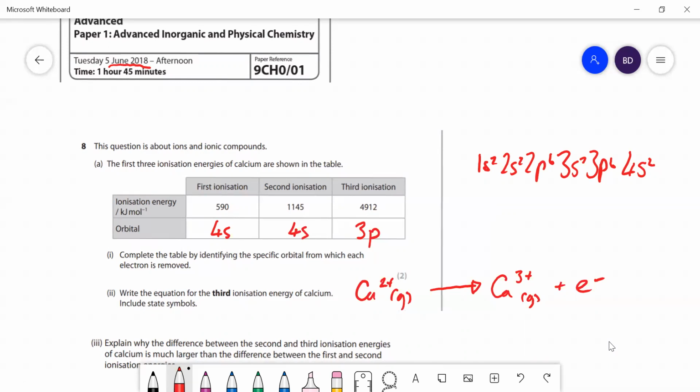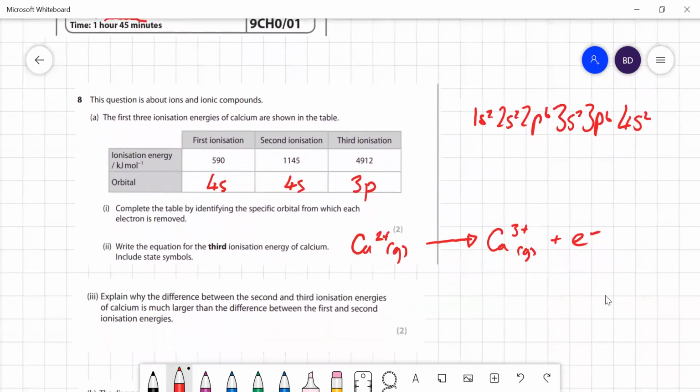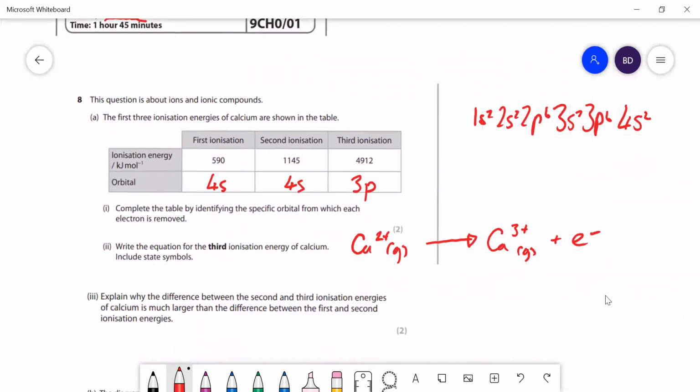Why is the difference between the 2nd and 3rd ionization energies of calcium much larger than between the 1st and the 2nd? The 1st and the 2nd are both from 4s, so they're both about the same distance from the nucleus, and they've got the same amount of shielding. But the 3rd one comes from 3p.